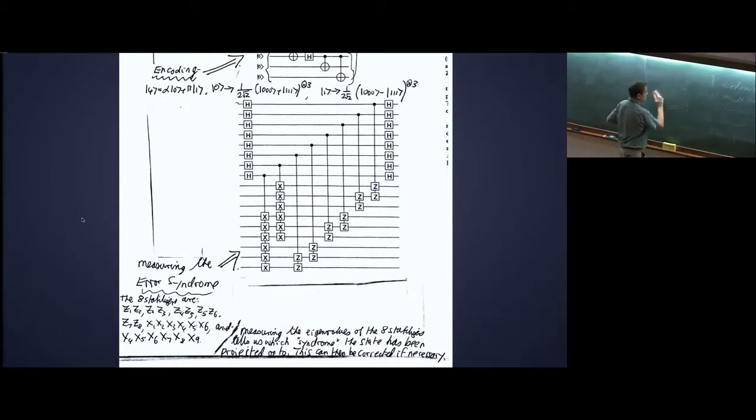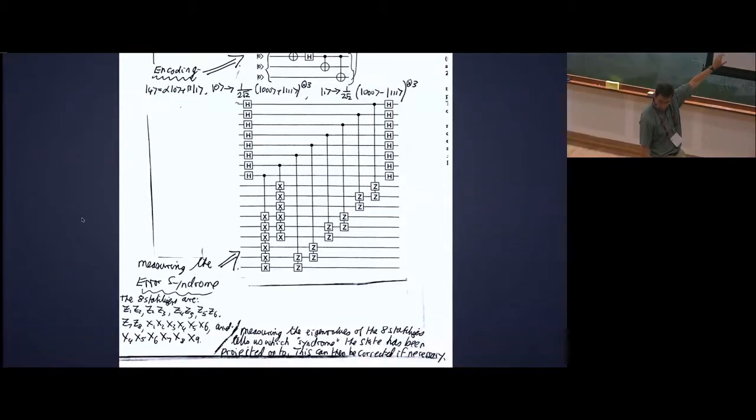And I'm not going to go through all the possibilities, but give you some idea how it is that each of these stabilizers, which has an eigenvalue of plus or minus 1, when I know all 8 eigenvalues, whether it's plus or minus 1, I know which of the possible corrupted states is feeding in on the left-hand side.